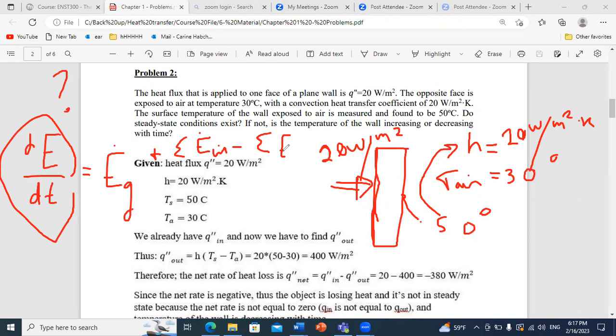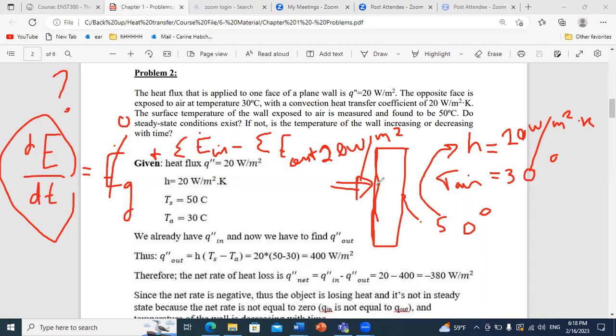Do we have any generation within the wall? No. So this term will cancel out. What are the fluxes of energy coming in? Conduction, yes, if you want, but it's equal to what?